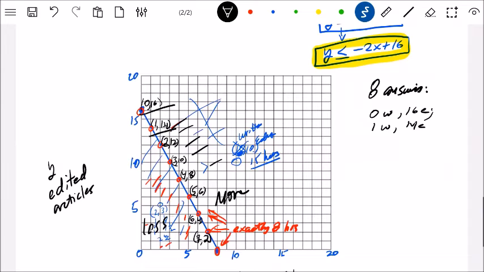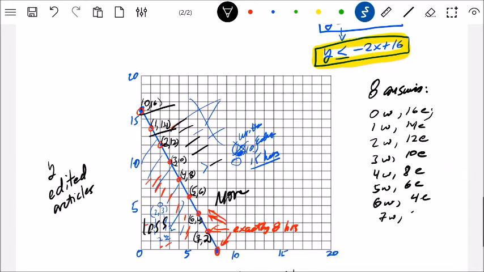And I got that from this and from this. And then 2 written, 12 edited, 3 written, 10 edited, 4 written, and 8 edited, 5 written, 6 edited, 6 written, 4 edited, 7 written, 2 edited, and 8 written with none edited.